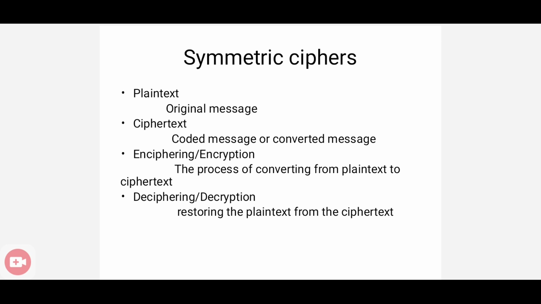That coded message is transferred through a transmission medium or a communication channel. Then it reaches the receiver side. The receiver captures the coded message or the cipher text, but he can't understand that cipher text. So he converts that message back into plain text, the original message, by using some cryptographic mechanism.